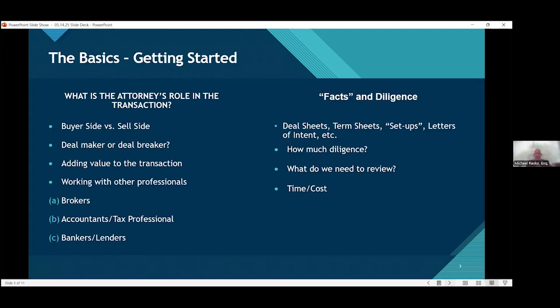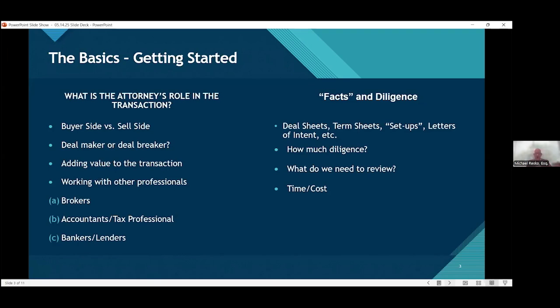I'll talk about crafting a diligence plan a little later, but in general terms, the amount and type of diligence we are going to do is informed by the type and size of the risks that are present or potentially present in the transaction.